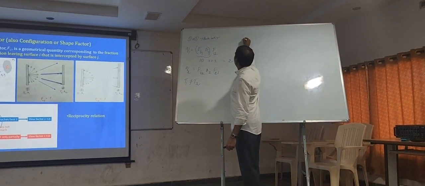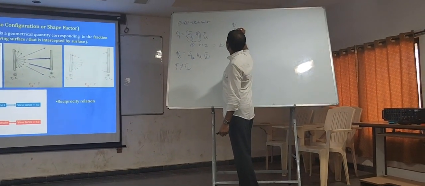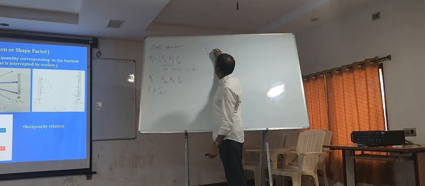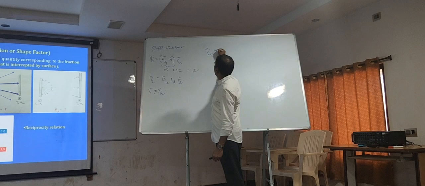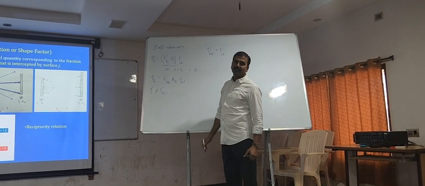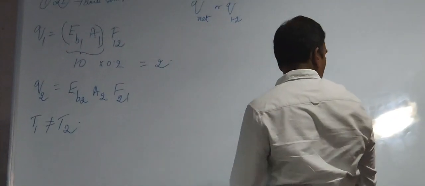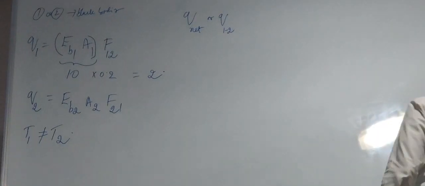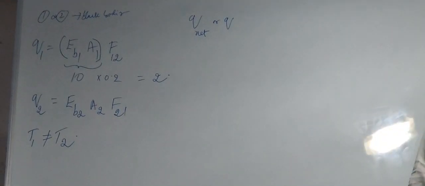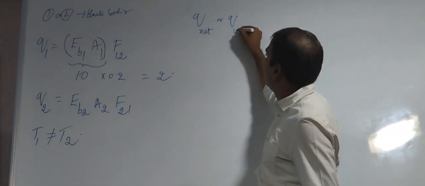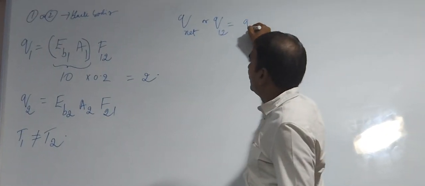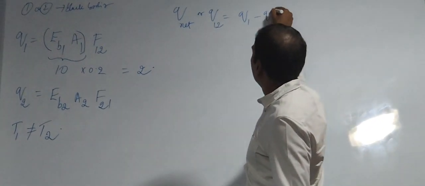Now, let us say Q net, that is the net exchange of energy between these two, we can write this as Q net or Q12. That is the net radiation energy exchange between 1 and 2, equal to Q1 minus Q2.